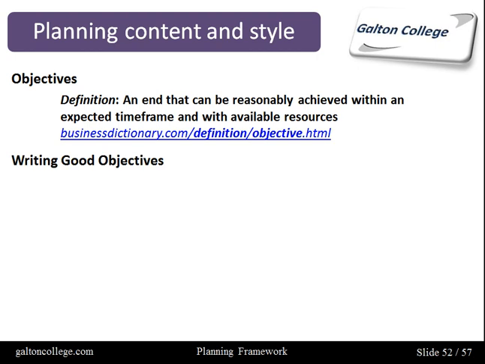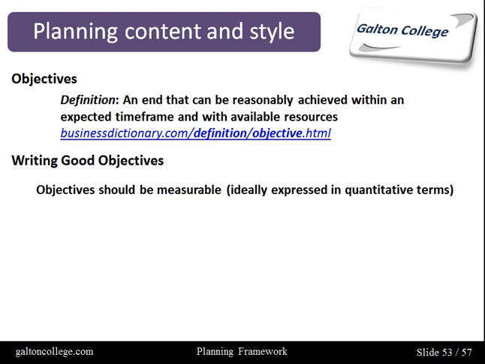So, writing good objectives. Well, they should be measurable. Objectives should be measurable, ideally in quantitative terms. That enables benchmarking. That enables you to say unambiguously this objective has been achieved or not achieved. If the objective is to grow sales by 5% next year, 5% is quantitative.